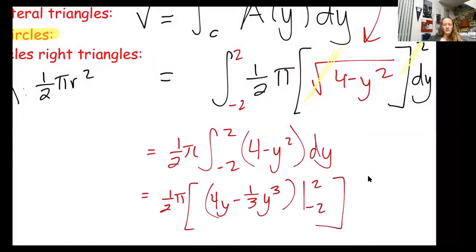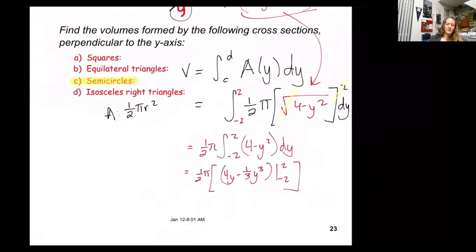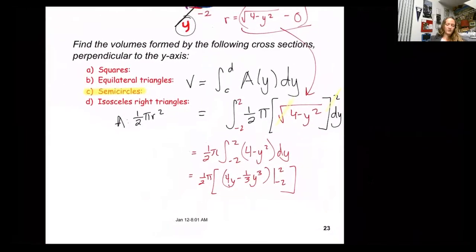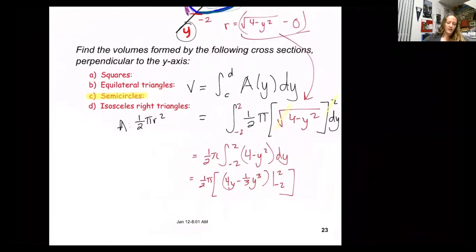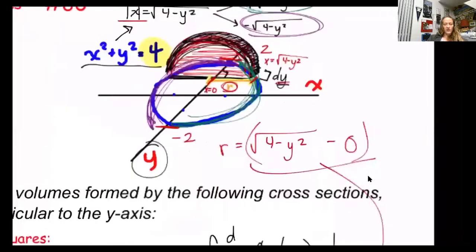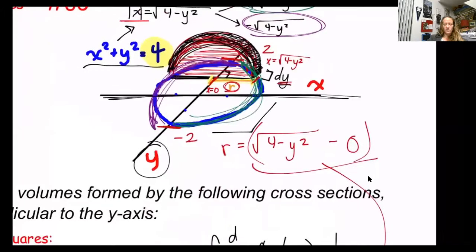Some of you might realize that this is a very symmetric area. So you would be able to just cut this down in half, which in this case would be here. I could actually find the volume from -2 to 0 or from 0 to 2, and I could double it.